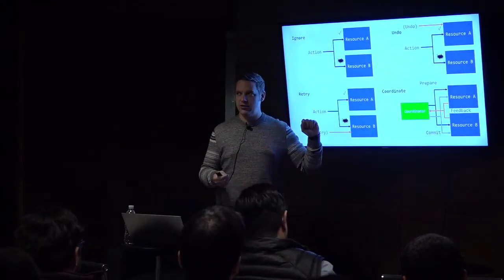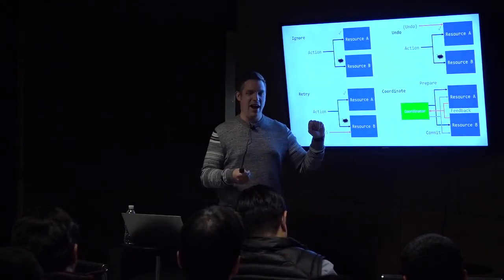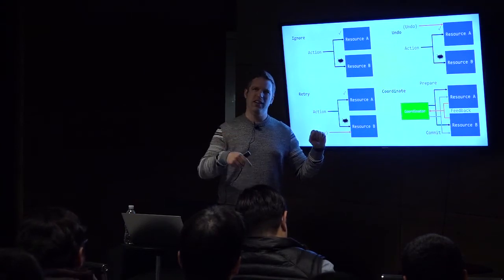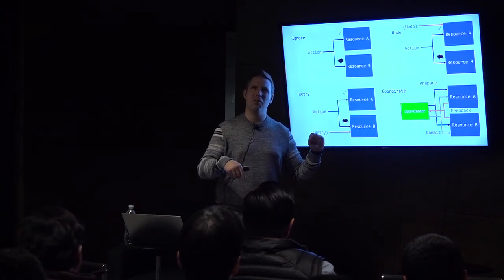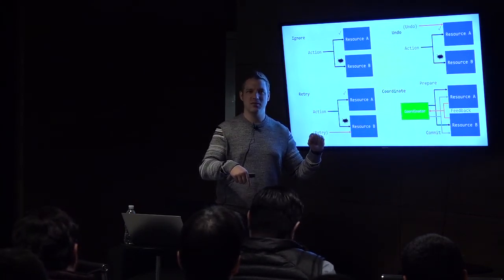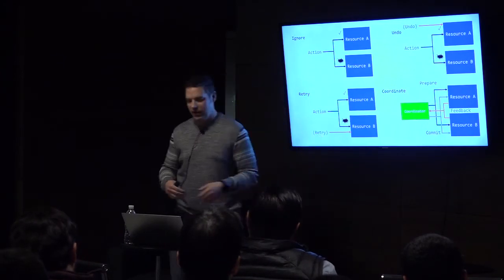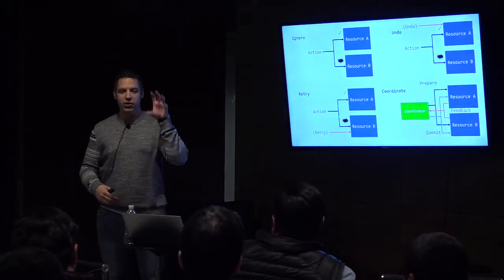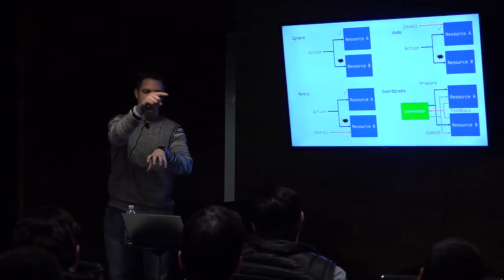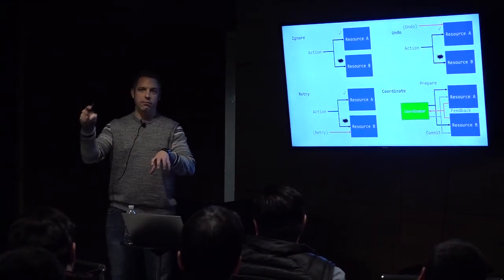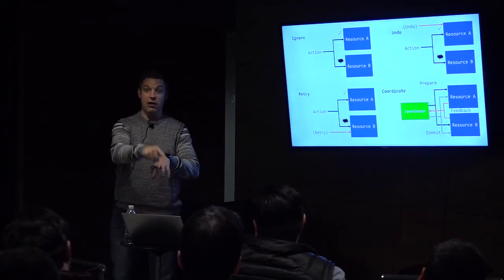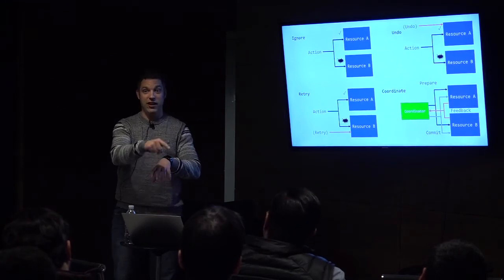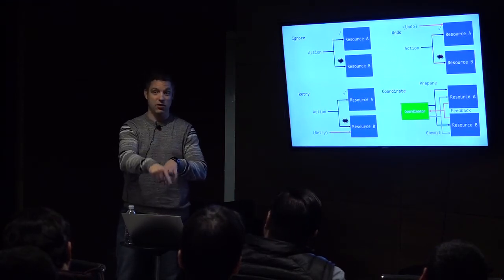Now you may have actually dealt with this in the real world at some point. If anyone here has had to buy a house, you've dealt with a realtor or mortgage agent, or, yeah, a title company, something like that. There's this third party that deals with both the buyer and the seller. They go to the buyer and make sure they're okay with that price and have the deposit to be able to purchase the house.